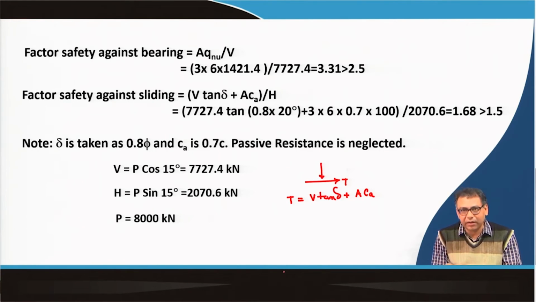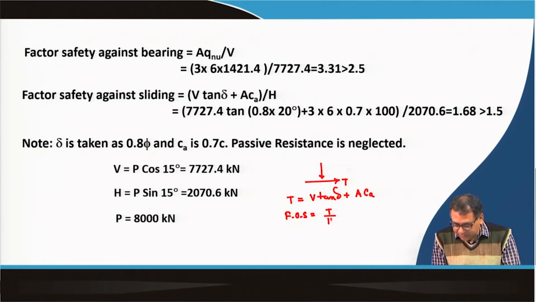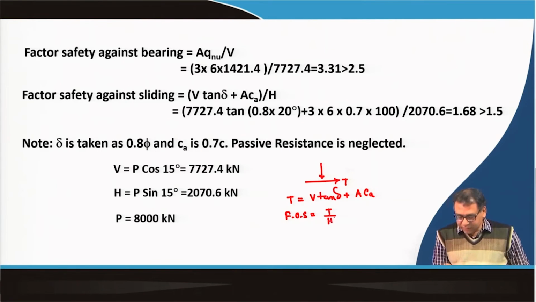Okay. So, total vertical force into tan delta plus the effective area into the adhesion, and that is T. So, the factor of safety is basically T by H, because we have neglected the passive resistance. So, this is the vertical component times tan delta plus the area times C_a.